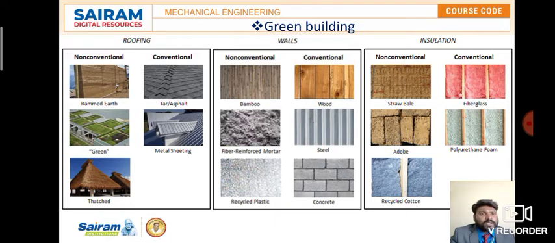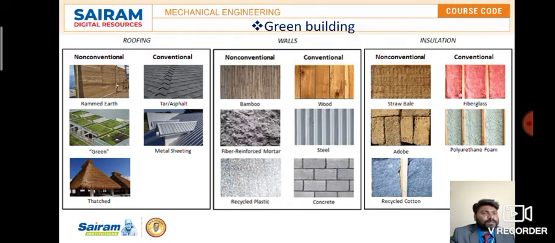Coming to the walls, the conventional method is wood, steel or concrete. These are the things we follow for constructing walls. On the other side, the non-conventional methods are bamboo sticks, fiber reinforced mortar and recycled plastics, which we can use for walls. The next one is insulation.